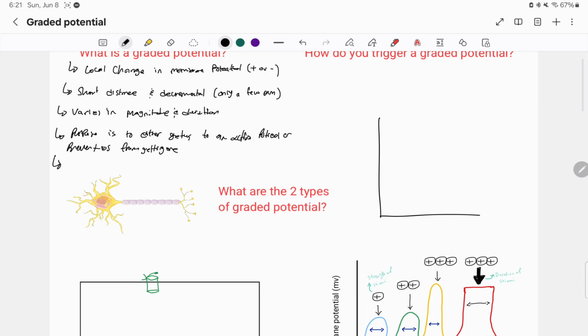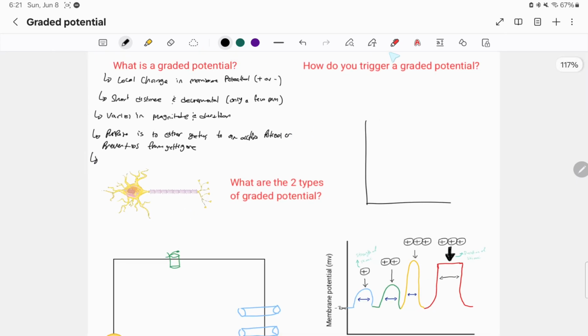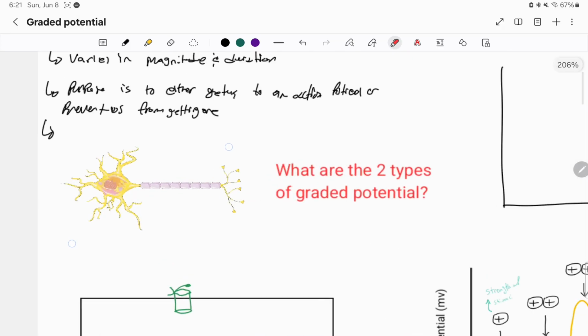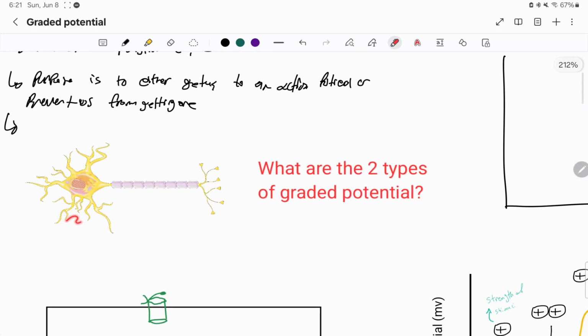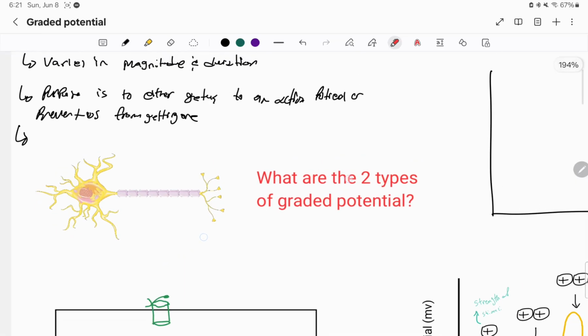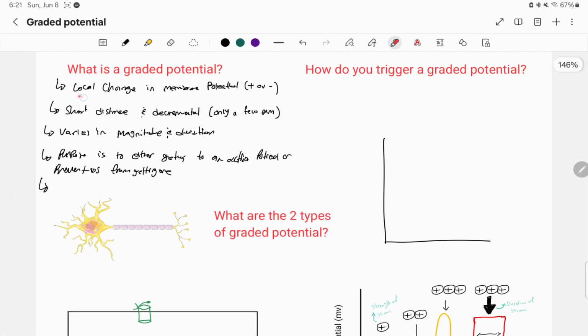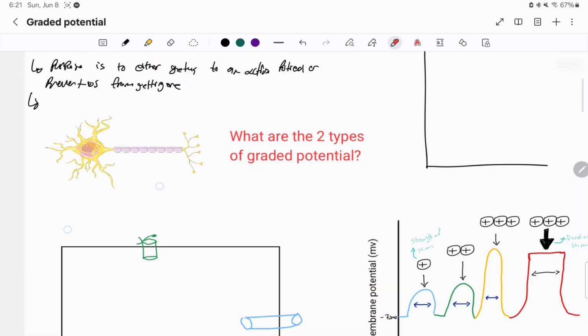Where does it occur on a neuron? Where does the graded potential occur? Remember, we said on any cell, the resting membrane potential is on the actual membrane, along the membrane. So where does a graded potential specifically occur? Where does that local change in membrane potential occur?